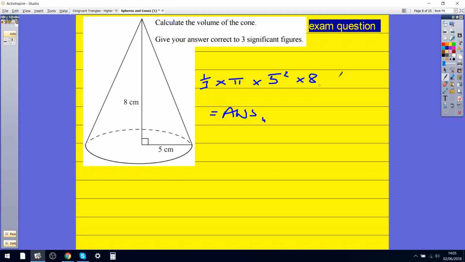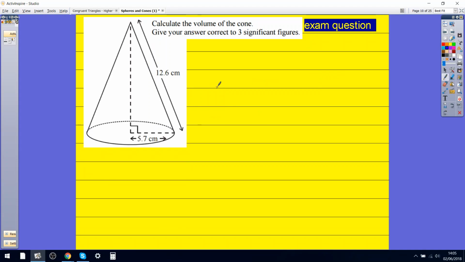How about this one? Volume of this cone. That's it.